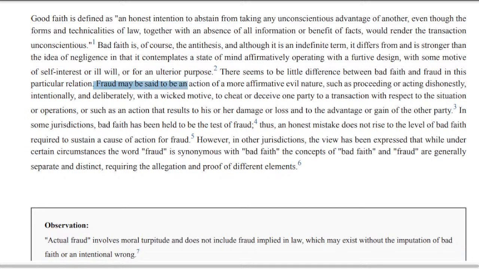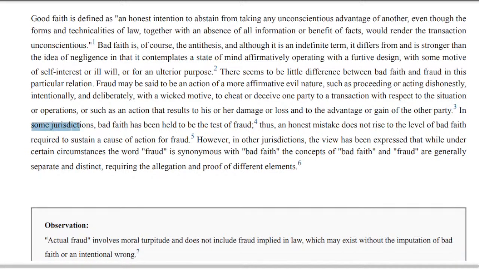Fraud may be said to be an action of a more affirmative evil nature, such as proceeding or acting dishonestly, intentionally, and deliberately, with a wicked motive to cheat or deceive one party to a transaction with respect to the situation or operations, or such as an action that results in his or her damage or loss and to the advantage or gain of the other party.